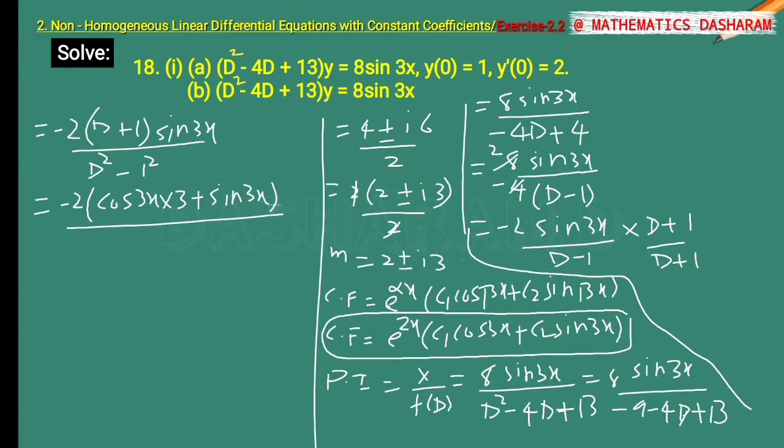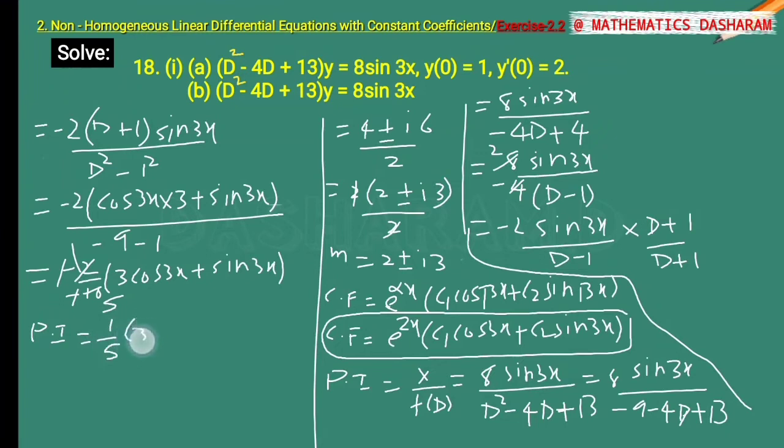Substitute d square as minus 9, minus 1 square is 1. So minus 2 by minus 10, 3 into cos 3x plus sin 3x. Here minus minus cancel, 2 ones are 2, 5 fives are 5. Then the particular integral is 1 by 5 bracket of 3 cos 3x plus sin 3x.